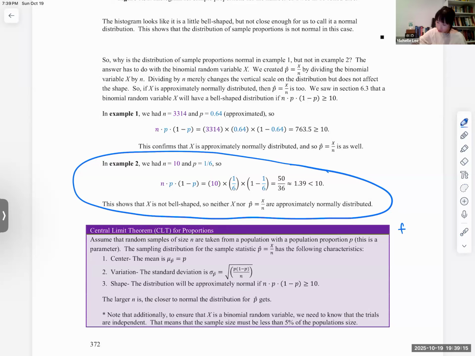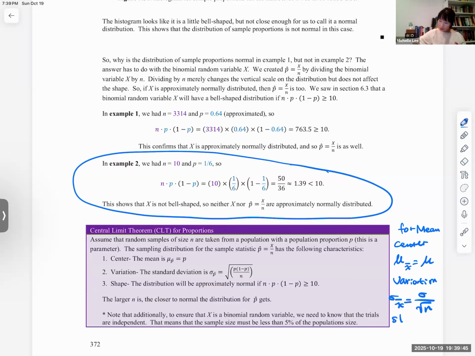For the mean, the center, mu sub x bar, was mu, right? And the variation, sigma sub x bar, equals sigma over the square root of n, right?